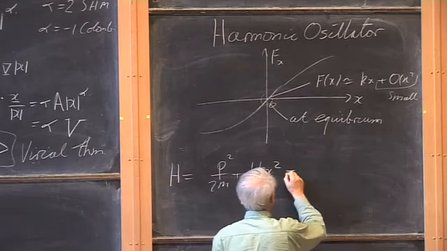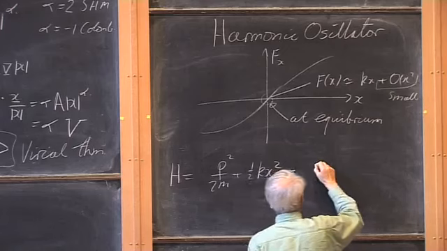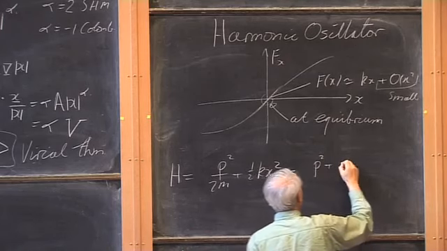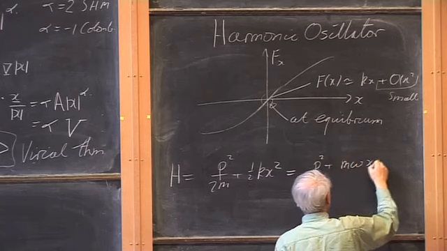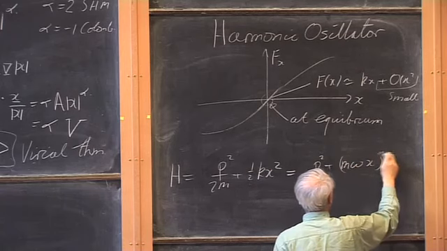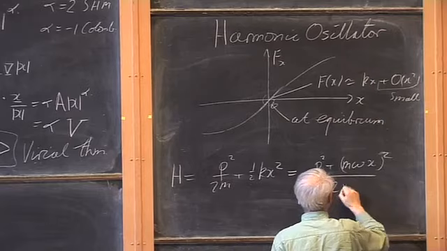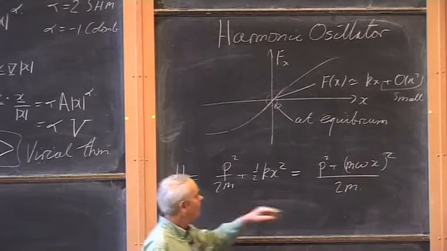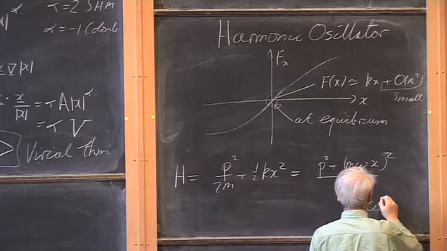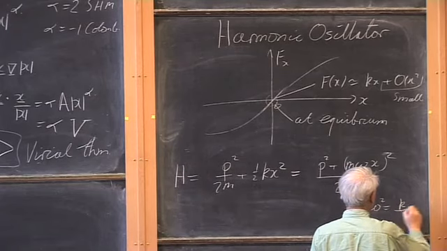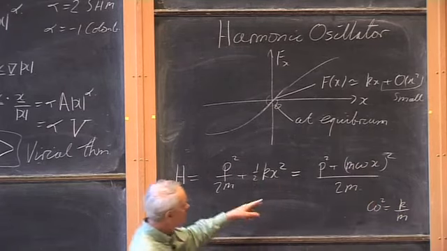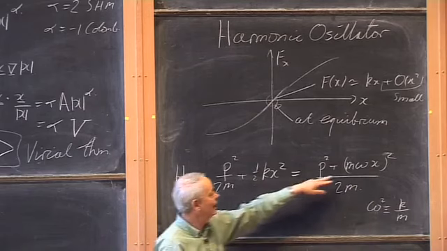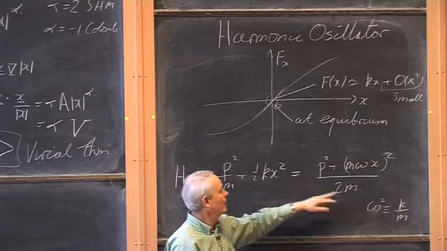It's better, though, to write this in a different way to anticipate results that are to come, and to write this as p squared plus m omega x squared over 2m. And of course, omega squared is k over m. So defining omega squared to be k over m, it's easy to write this formula like that, and that's how I want to write it.